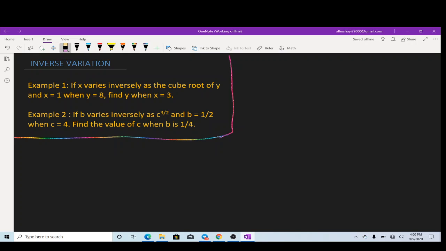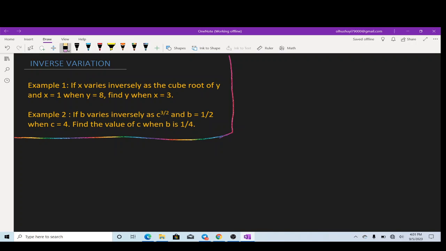If the temperature is 27 degrees Celsius and the force applied to it is 5 newtons, find the temperature when the force applied to it is 10 newtons. So that is an example of inverse relationship or inverse variation.